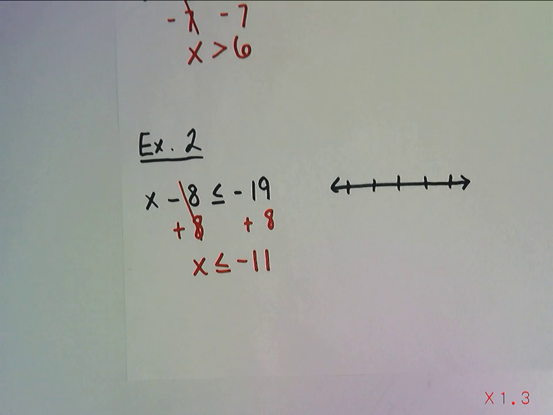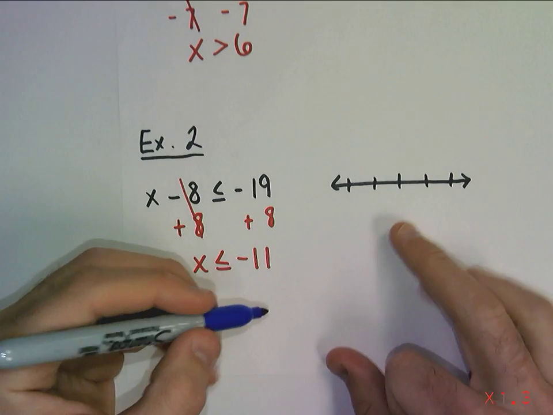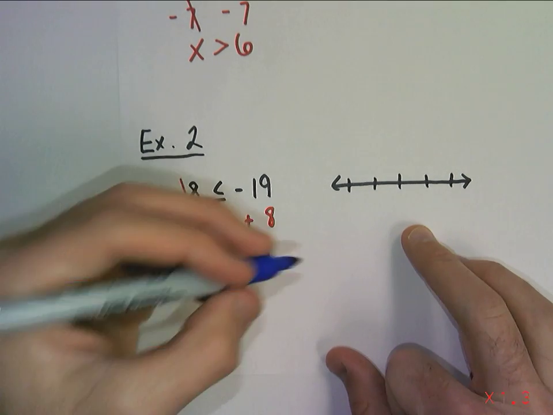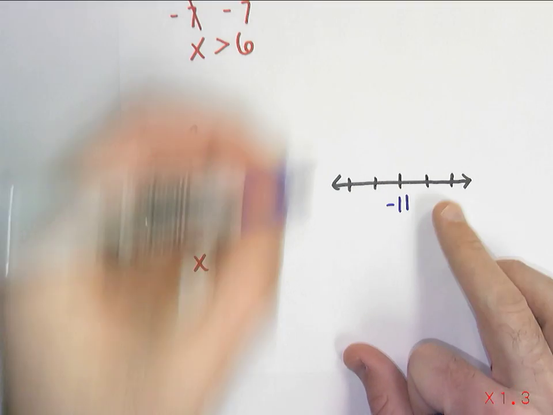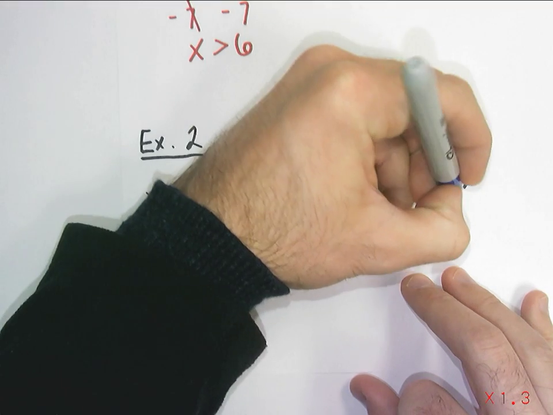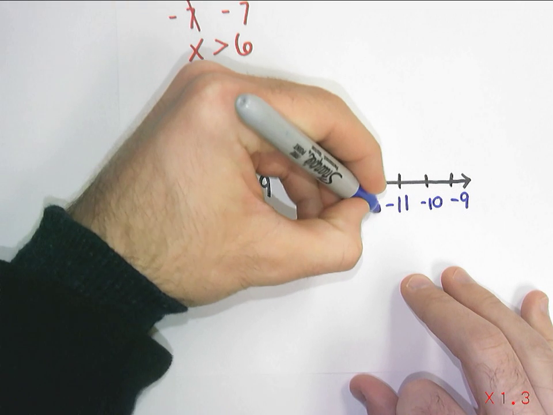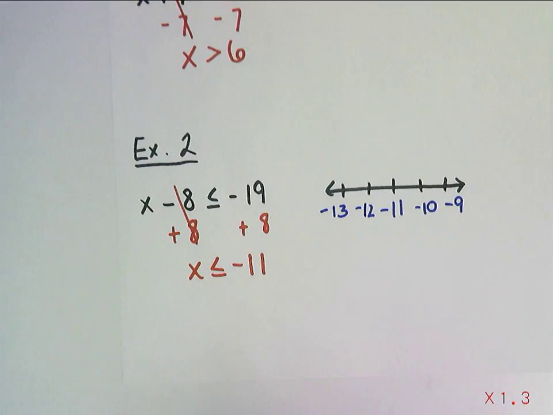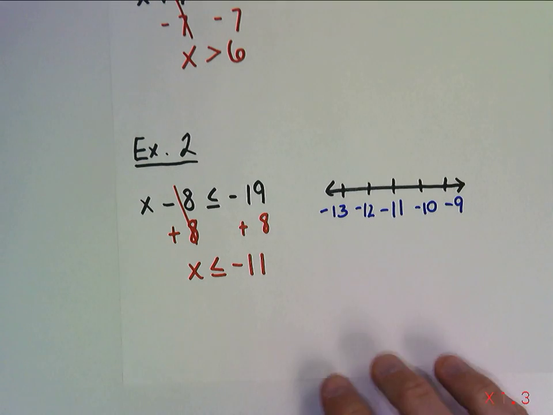So what that tells me is that we're ready to graph this. Like I said, my 5 number line here, put negative 11 in the middle, 2 above, 2 below, so negative 11, negative 10, negative 9, negative 12, and negative 13 would round out that number line for me.